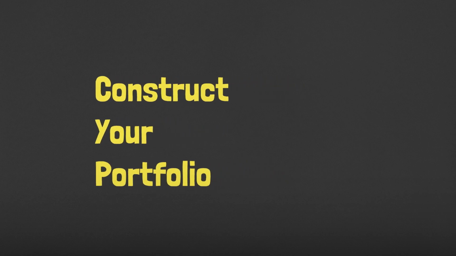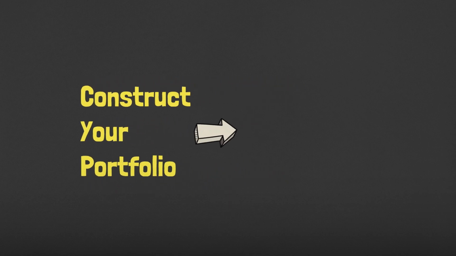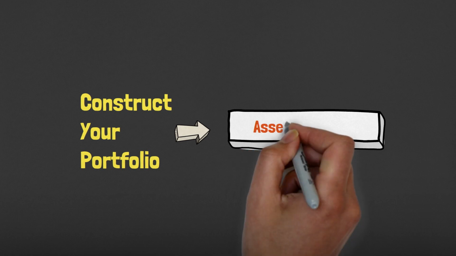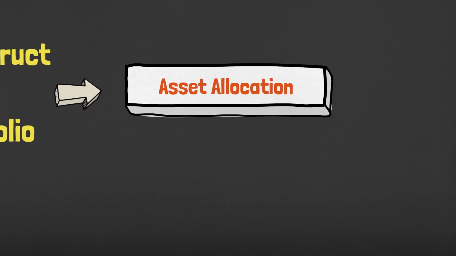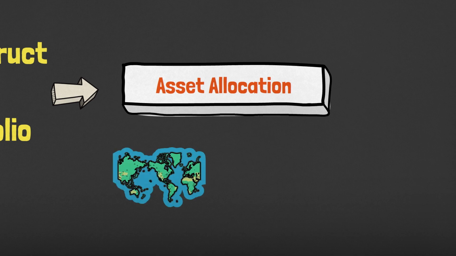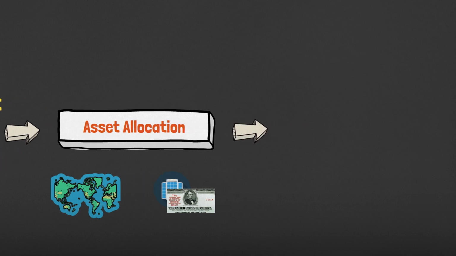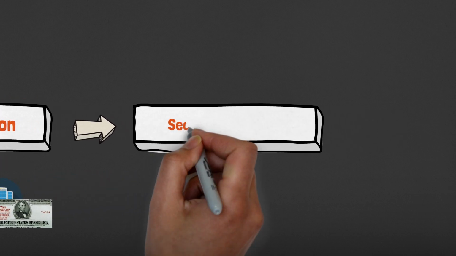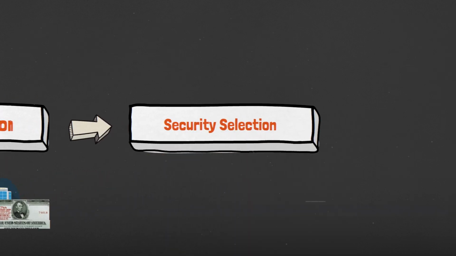If you're going to take a finance course on how to construct your portfolio, the first step is not to analyze stocks, but asset allocation. It means you need to decide which countries to invest, developed or emerging, which asset class, stock or bond. Then the second step is security selection, which includes picking stocks.